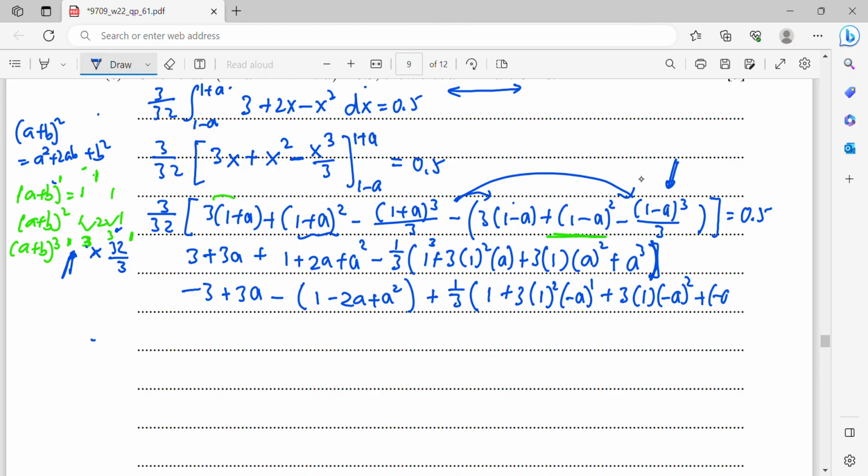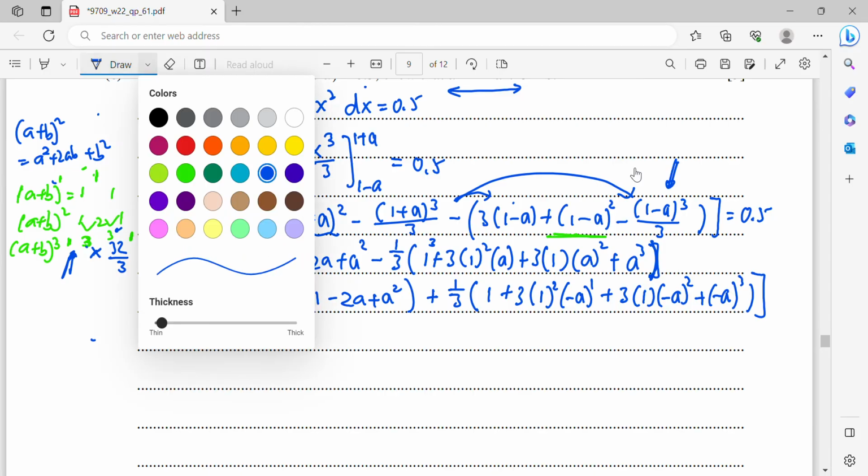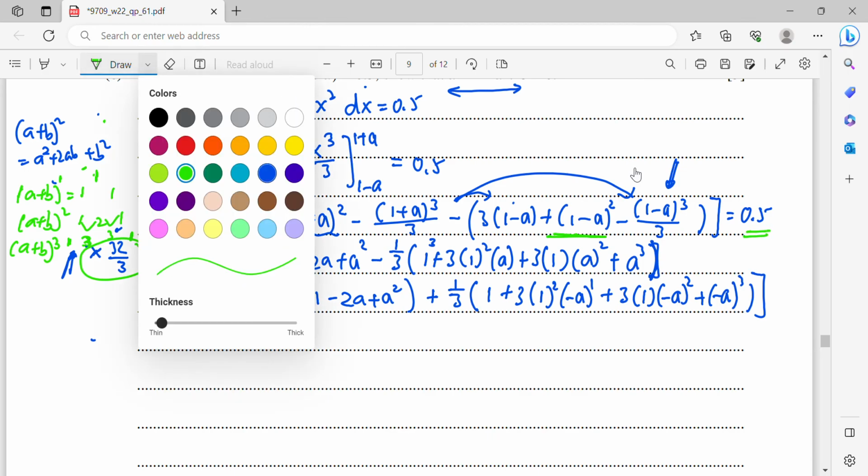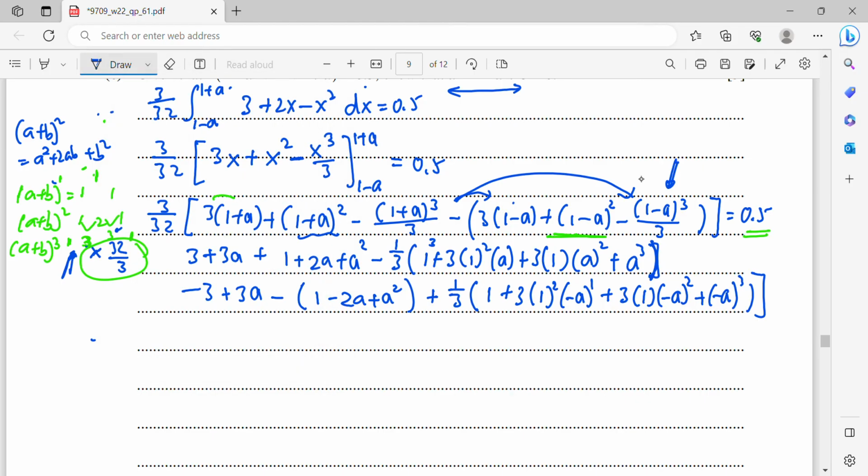Lastly, negative a degree 3. Okay, then now when you multiply 32 over 3 by 0.5, you will be getting 16 over 3 on the right hand side.